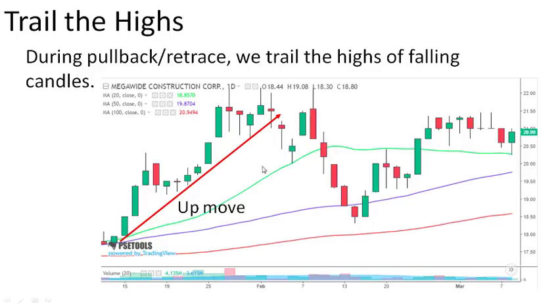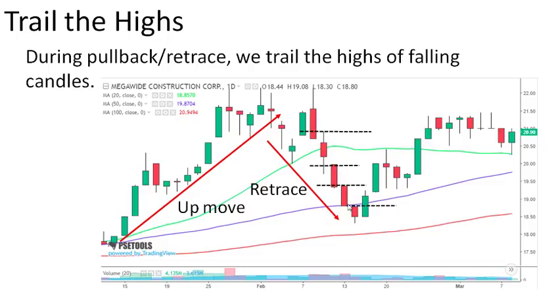Setup-wise, this is a retrace setup. So, you have an uptrend, you have an up move, it retraces below MA20. In trailing the highs, kapag nakita mo na bumaba na siya sa MA20, i-trail mo na yung high nung candles na nag-retrace sa MA20.